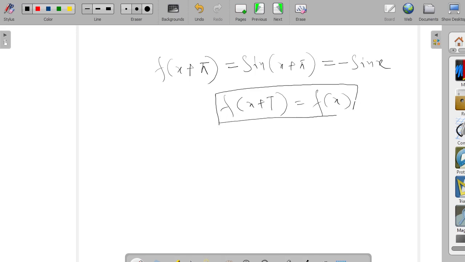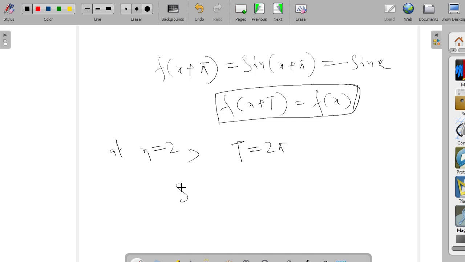This functional equation is not satisfied for t equals pi. So we need to place another check. At n equals 2 we have t equals 2 pi.